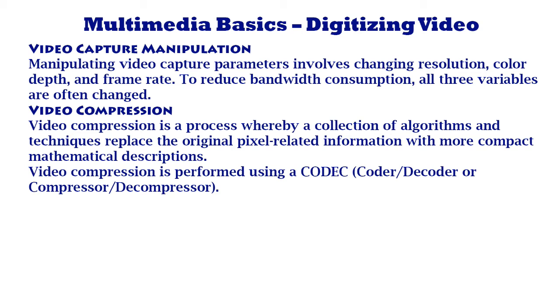Video compression. Video compression is a process whereby a collection of algorithms and techniques replace the original pixel-related information with more compact mathematical descriptions. Decompression is the reverse process of decoding the mathematical descriptions back to pixels for display.